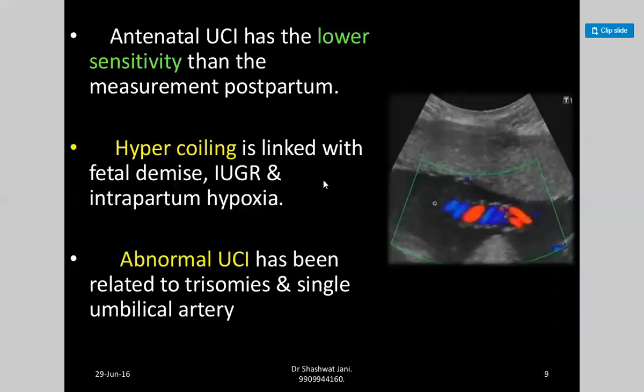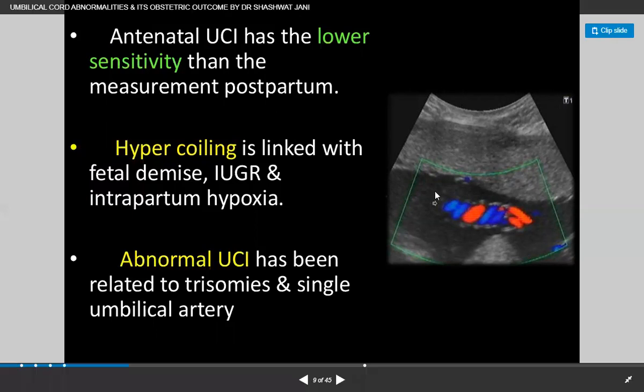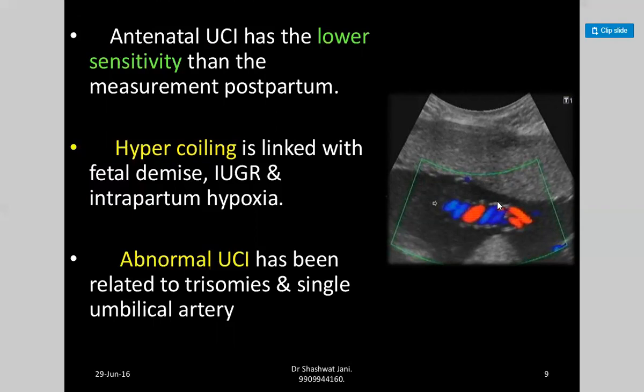Then antenatal UCI has lower sensitivity than the measurement postpartum. This is how hypercoiling looks in ultrasonography. Hypercoiling is linked with fetal demise and IUGR, intrauterine growth retardation, which I have already explained.